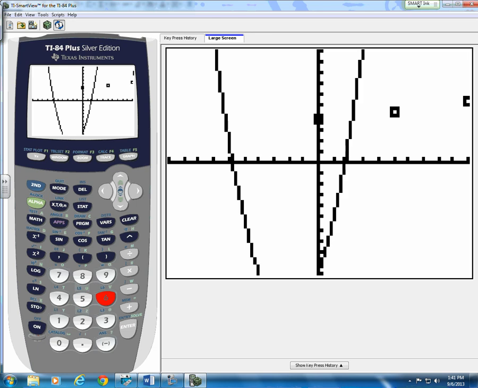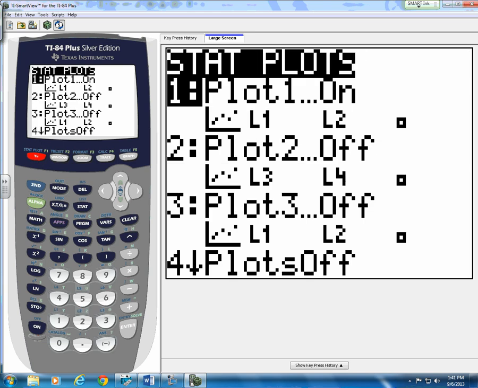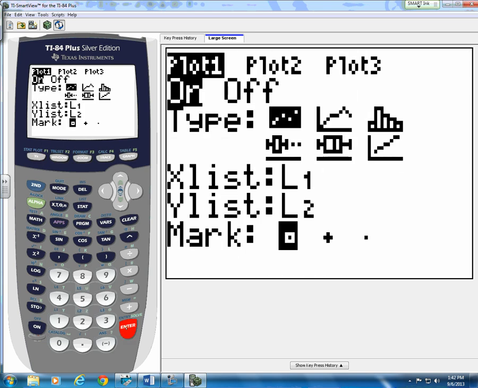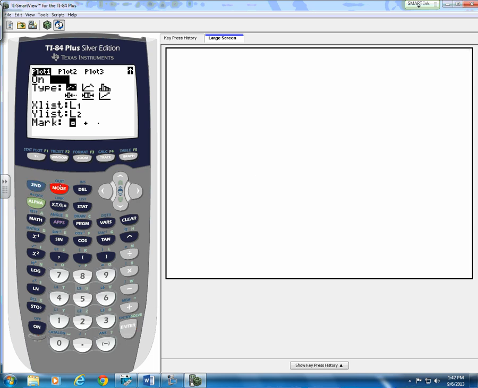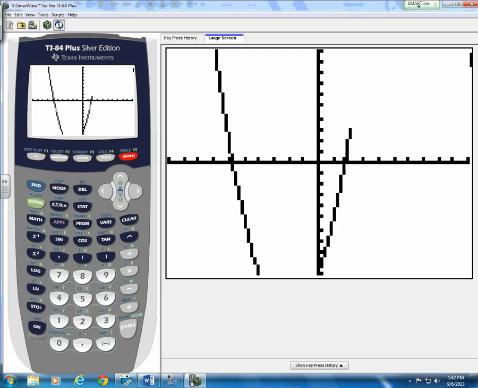Oops, the scatter plot is still there. I don't know why it's still there, because it never turned off. All right, that's better.